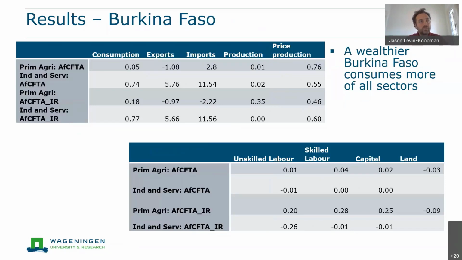I'm not sure if this has been mentioned before, but MAGNET uses a land supply curve. So the land isn't fixed. The total amount of land isn't fixed in these scenarios, but it can increase slightly or decrease slightly depending on the price. So the demand for land decreases, the price drops, and so the amount of land utilized drops slightly as well.